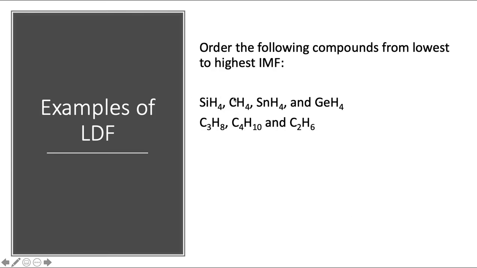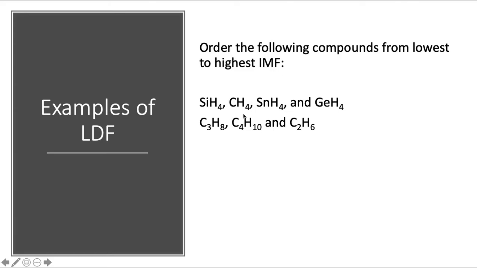So the first one in these four molecules is carbon. If you look at the periodic table and find where carbon is, you'll see that in that group, carbon is listed on top, is the first element. Because it has the smallest size, then it will be the one that has the lowest intermolecular force.